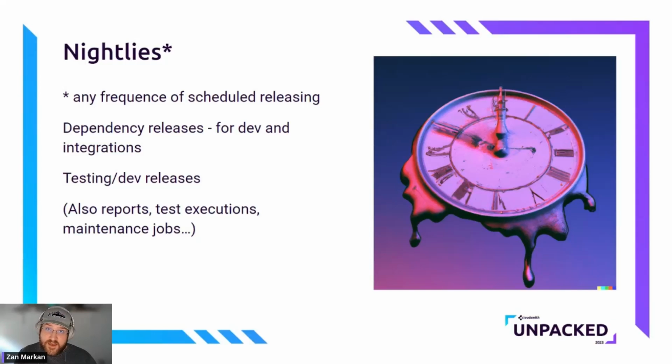Or maybe you can have it build a full test release of the software, deploy it so that when the QA starts in the morning, they can start with the latest version. Again, a very useful tool in your arsenal.